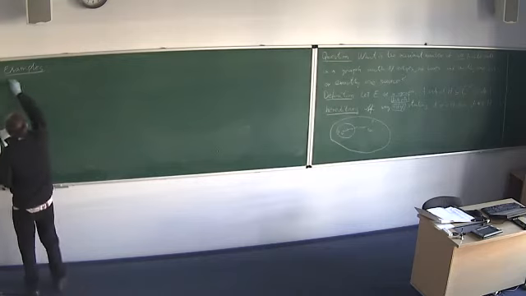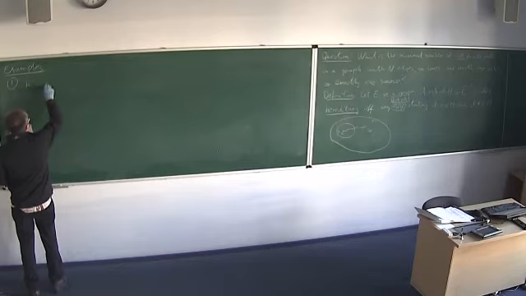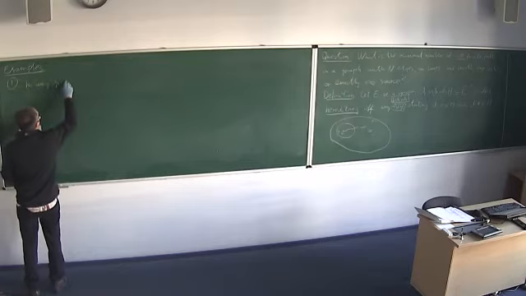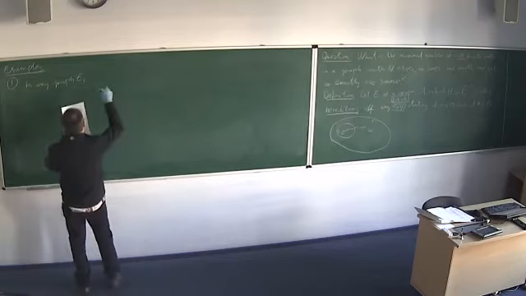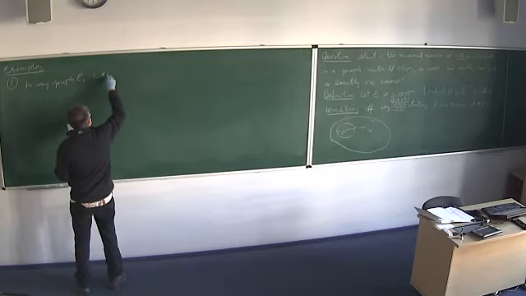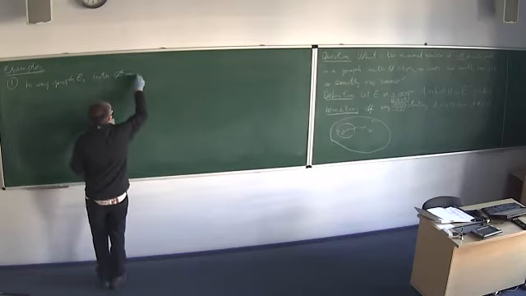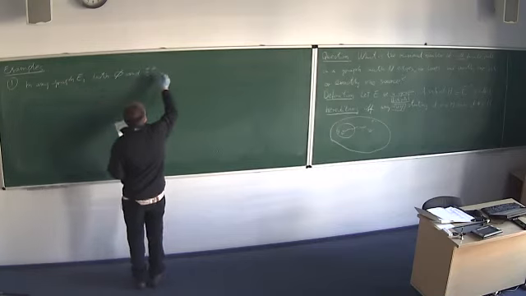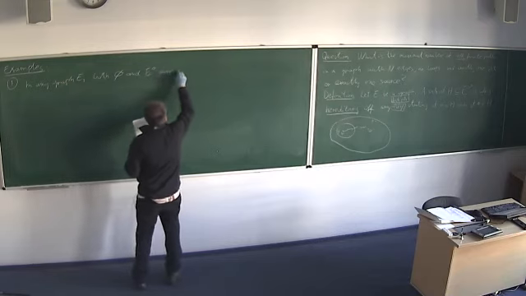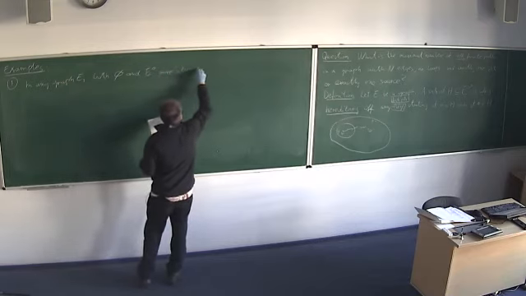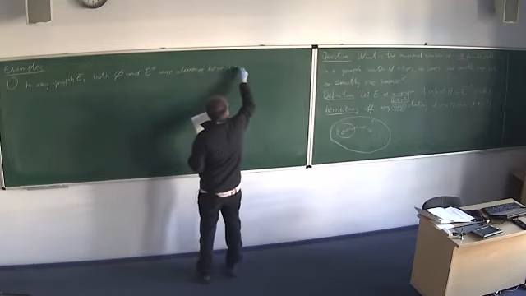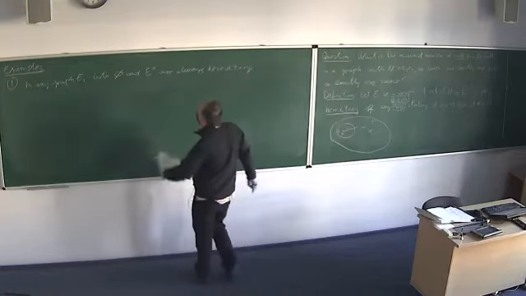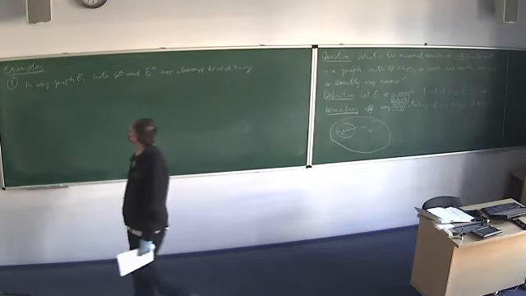So first, something completely obvious, that in any graph E, both the empty set and E0 are always hereditary. Right, this is obvious.